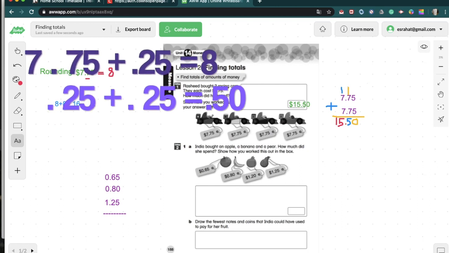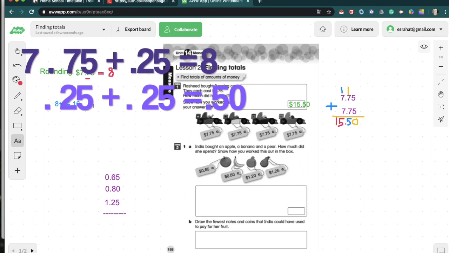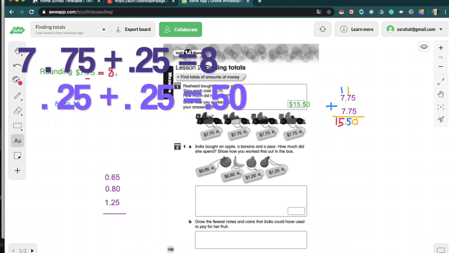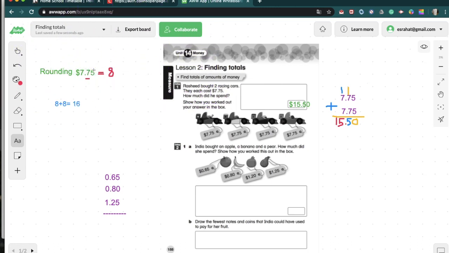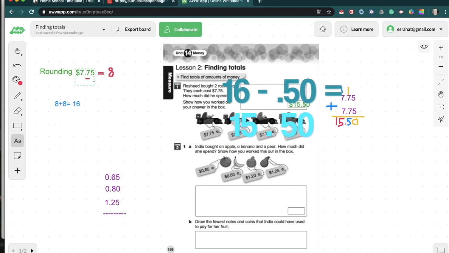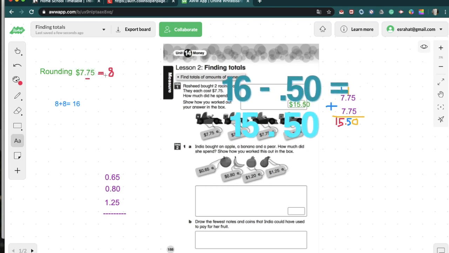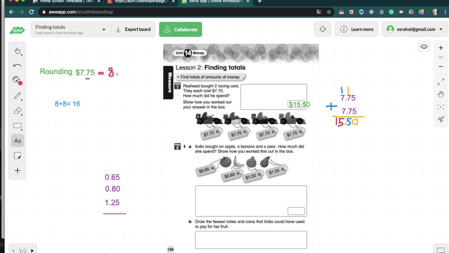And we added 2 quarters to the 2 numbers. So we have 2 quarters which equal 0.50. Remember that we have to take away whatever we added through rounding. So we have to take away 0.50 from 16. So 16 minus 0.50 equals 15.50.